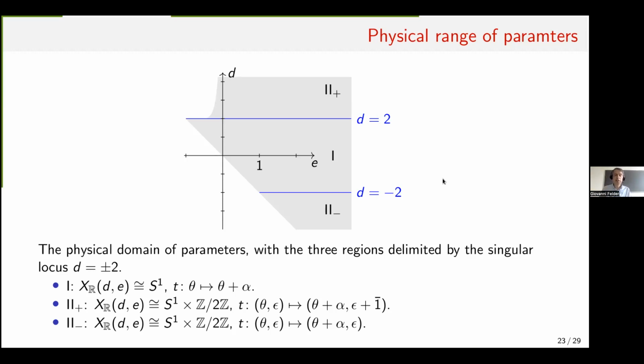Okay, so it looks like this Boltzmann system contains all possible behaviors. Also, if you look at the complex situation, then what you are really describing is the moduli space of elliptic curves with two marked points. Each is a curve of genus 1 with two marked points, and that moduli space has a compactification, the Deligne-Mumford compactification, the stable compactification, where you can have one nodal point or two nodal points.